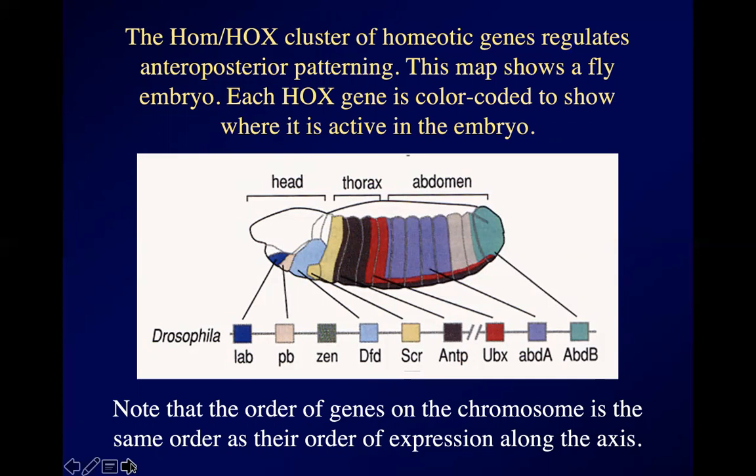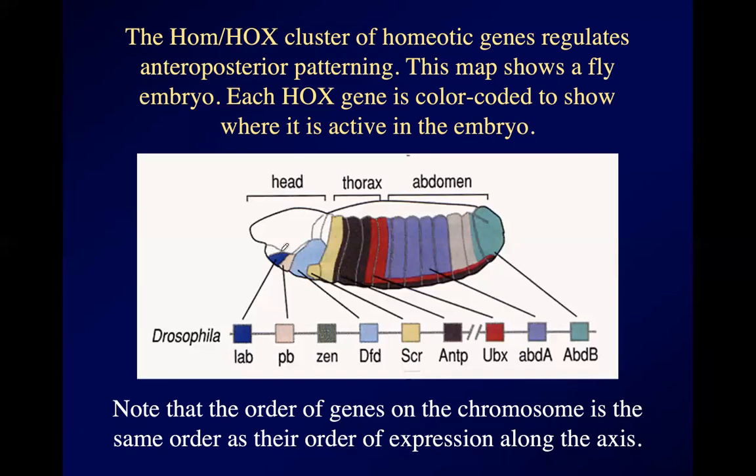Before studying biology, I always thought hox were what you put in your red beans and rice to make them taste really good, but evidently not. Hox is a cluster of homeotic genes, and the cool thing is they're located all on the same chromosome, and they're located in an order on the chromosome that matches the order from head to tail in which they're expressed.